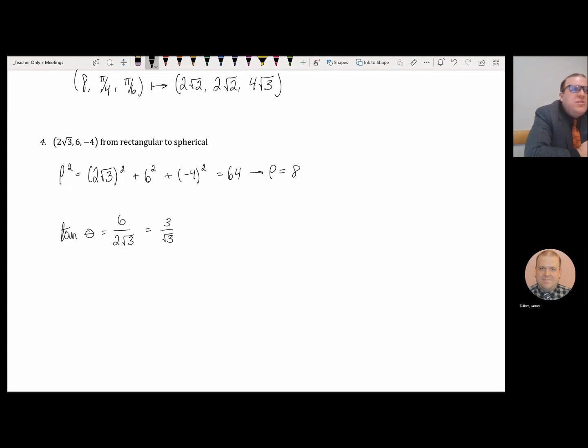First quadrant. So can we just take the inverse tangent? We can. Correct, because 3 over root 3 being positive gives you two possible quadrants, 1 or 3. You have to actually look at the signs of x and y to determine.